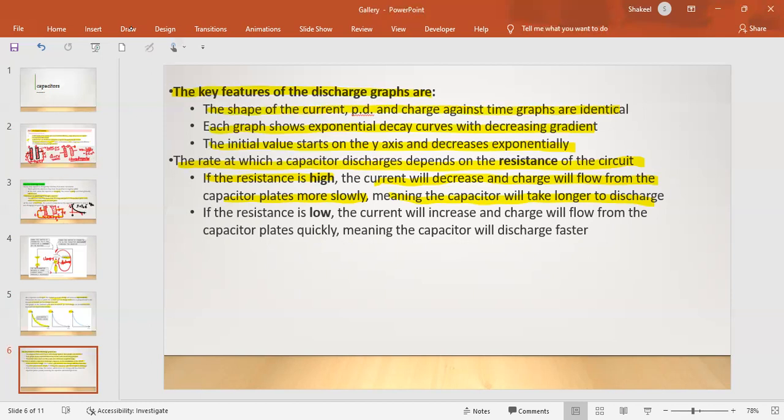A bigger R means low current, so it will take more time for the capacitor to discharge. At the same time a bigger capacitor means more charge stored, more energy stored, so it will take longer to discharge. That's why we say the product of R and C determines the time in which the capacitor is going to discharge.